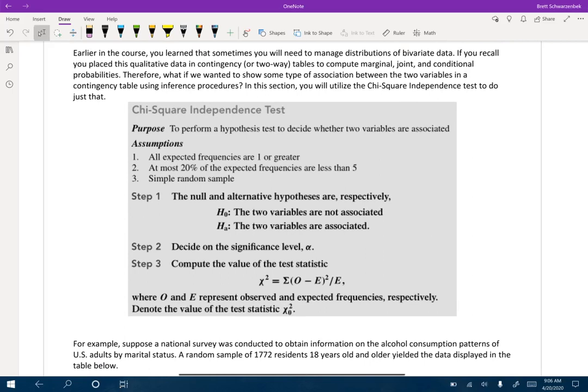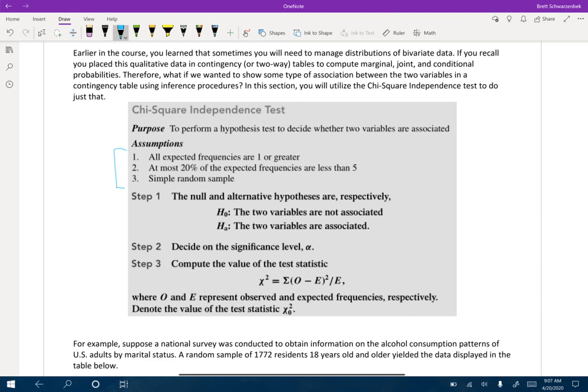Okay, so it's the assumptions. If you look, the assumptions are exactly the same as the goodness of fit test. So that's good. So what did I mention in the other lesson? In reality, it'd be ideal if all of your expected frequencies or counts are five or larger. But in reality, the letter of the law is that they should be bigger than one or bigger, so not zero, and that there should be very few that are less than five.